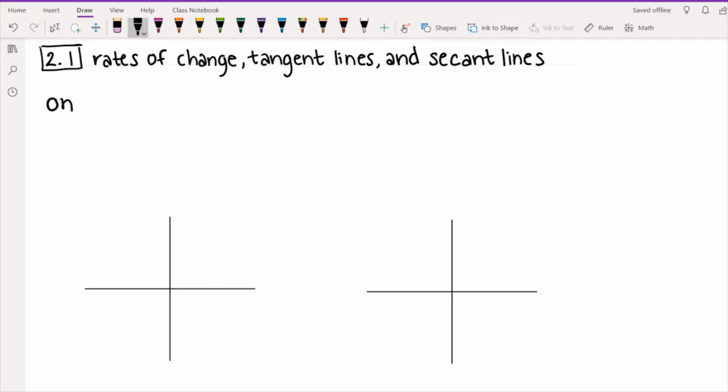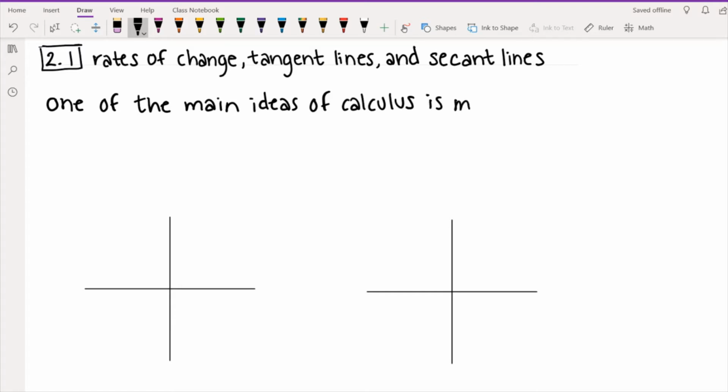So one of the main ideas of calculus is measuring the rate of change of a function.